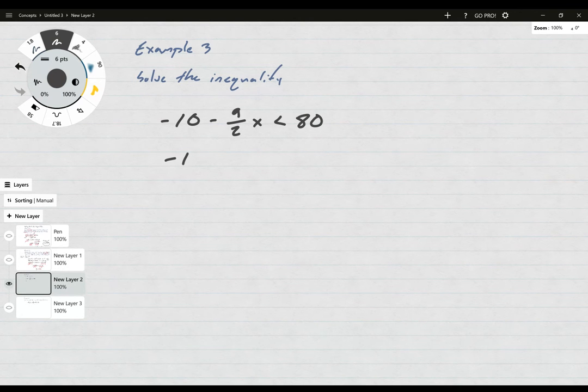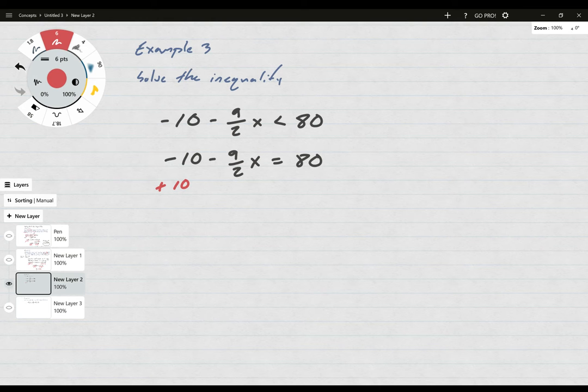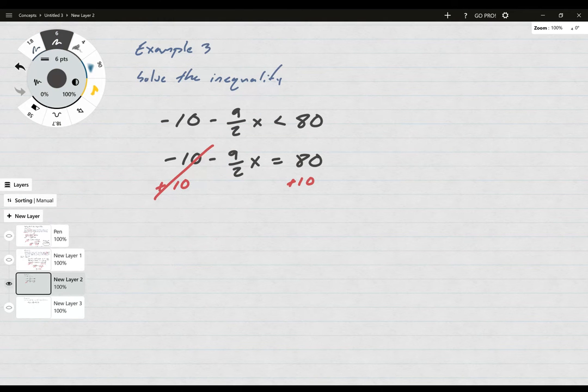So I have negative 10 subtract 9 halves multiplied by x equals 80. I'm subtracting 10, so I need to add 10 to both sides. That cancels out. So now I have left 9 halves x equals 90.